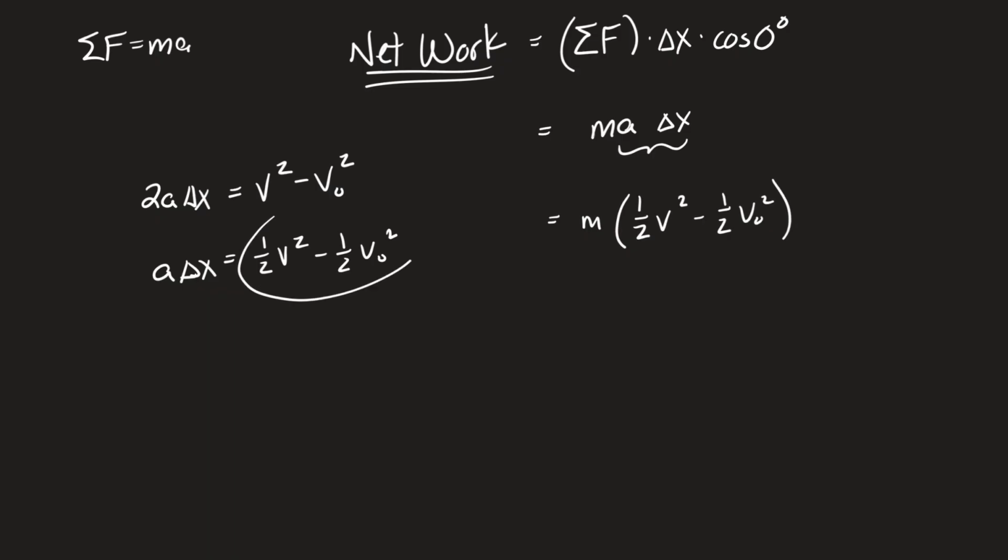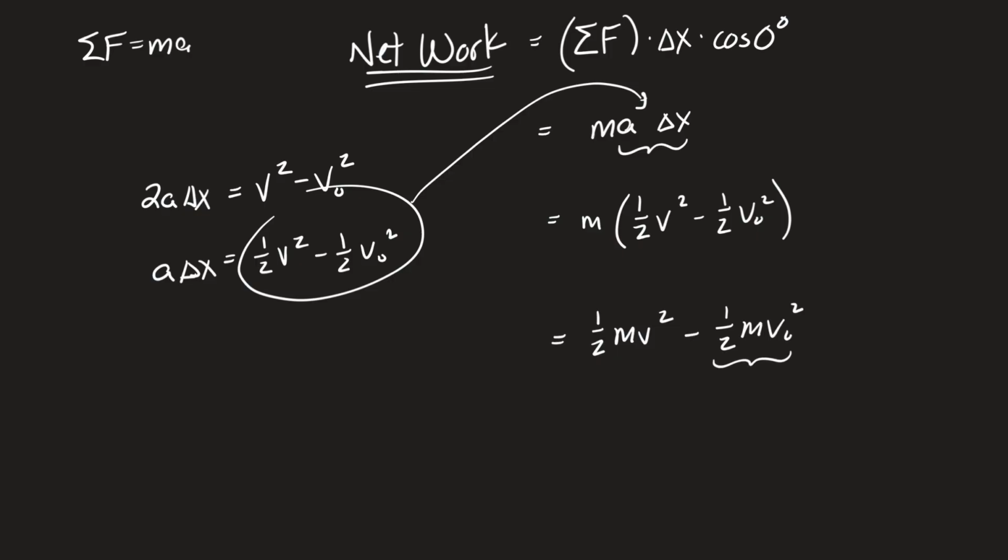So I've taken this, subbed it in for a delta x, giving me 1/2 mv squared minus 1/2 mv naught squared. I know some of you know what this is. Tell me what it is. This is kinetic energy.